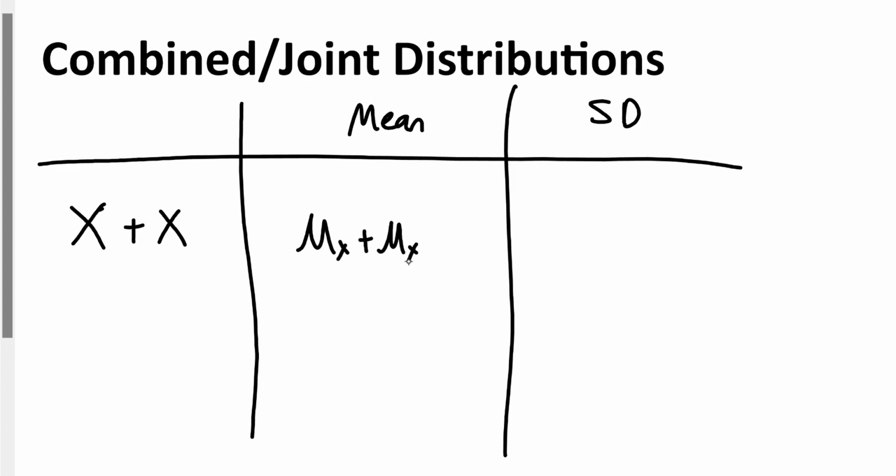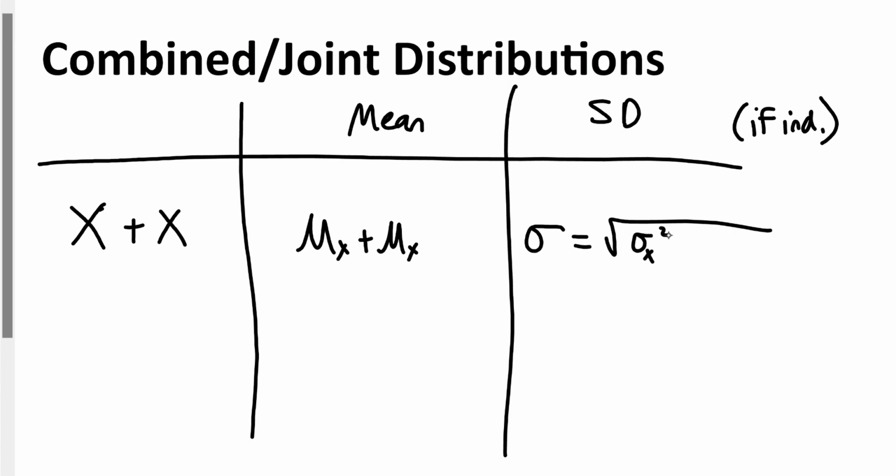For the standard deviation, assuming they're independent, I'm going to make that a big note, they have to be independent to do this. The standard deviation would be the square root of the sum of the variances. That's always going to be our formula. As a reminder, when you square the standard deviation, that is called the variance.